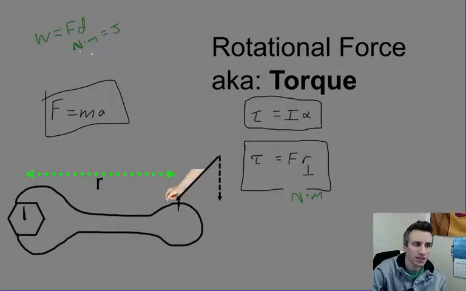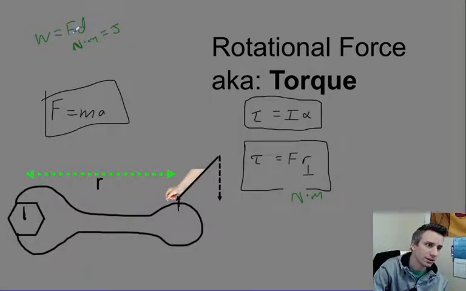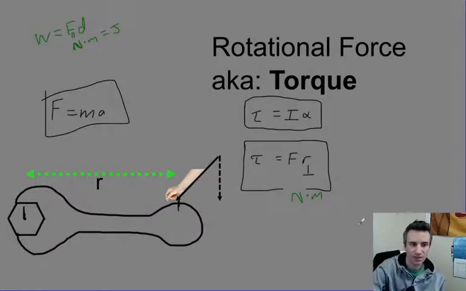This is partly to keep confusion between these two things, because this is not work. They are not the same idea, because for work to be done, the force has to be parallel to the displacement. In this case, the force has to be perpendicular to the displacement. So it is very different. It's the same mathematically, but very different conceptually.